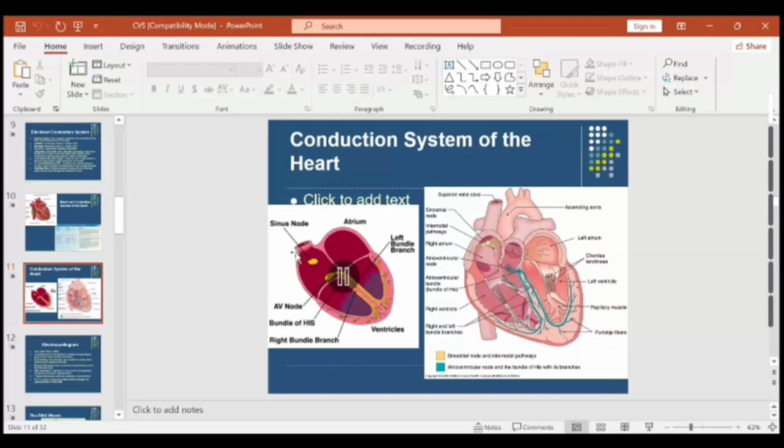I hope you're able to see it. We have the SA node here, and we have the AV node here. The impulse is generated and carried forward into the AV node. We have a small region made up of some bundles called the bundle of His, which will later subdivide into the right and the left bundle branches, which ensure that the ventricles contract and pump the blood out. And that forms part of what you call the cardiac cycle.